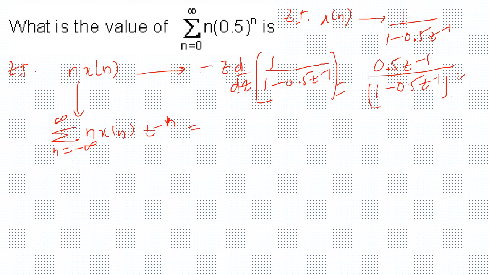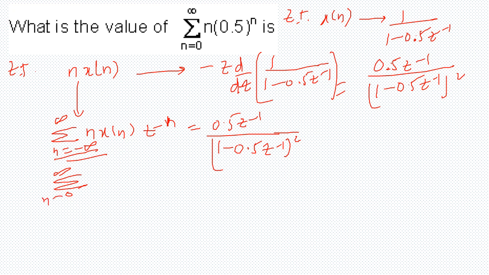And now we know this z transform is 0.5 z inverse over 1 minus 0.5 z inverse whole squared. Now you can substitute what is your x of n. So this limit is going to be from 0 to infinity now, and 0.5 power n z power minus n is equal to 0.5 z inverse over 1 minus 0.5 z power minus 1 whole squared.